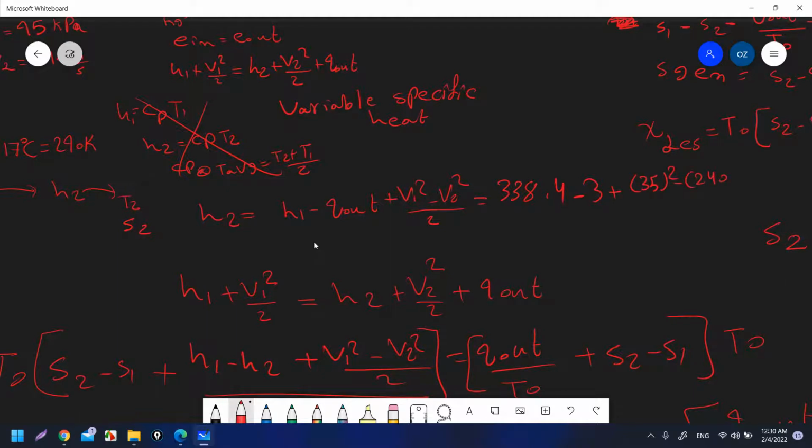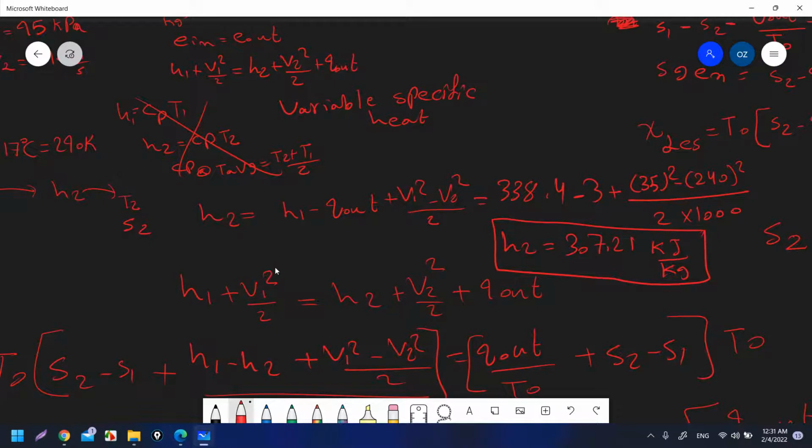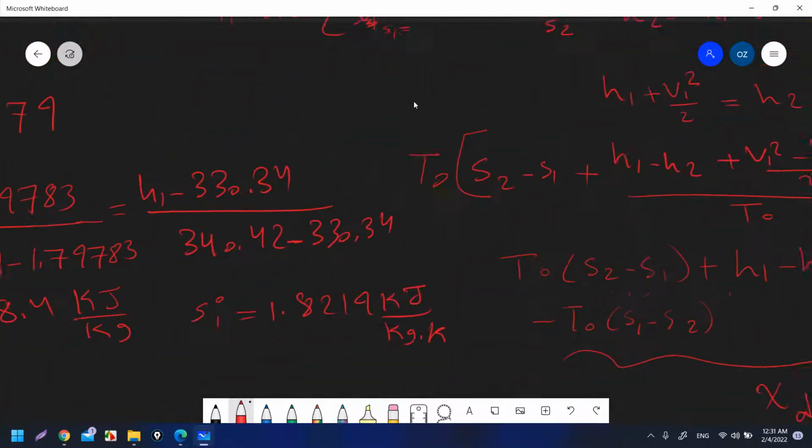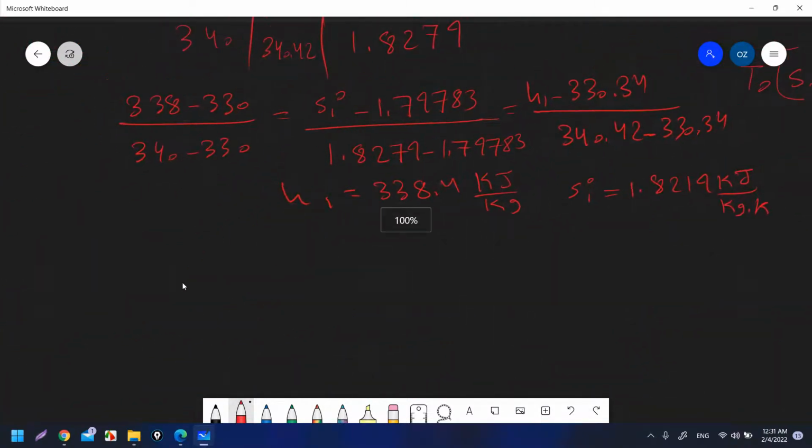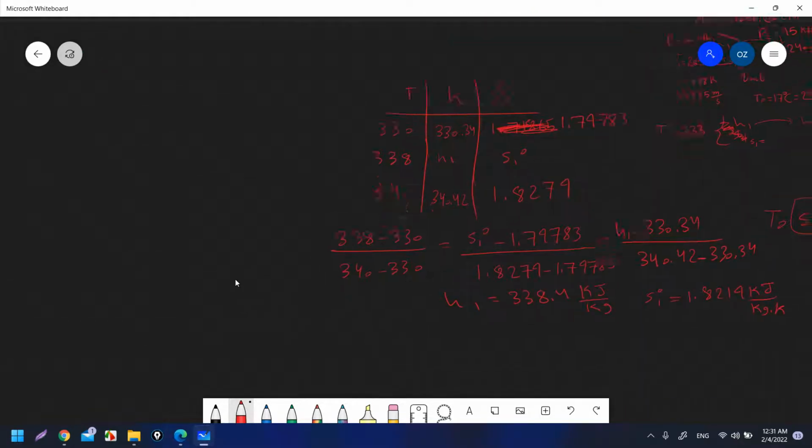You can see V2 is much higher than 35, so that is the function of the nozzle, and we have to divide by 1000 to make it in kilojoule per kilogram, and then H2 will be 307.21 kilojoule per kilogram. So that's the H2, and I will use this value for H2 to get T2, the required in part A, and to get also S2.